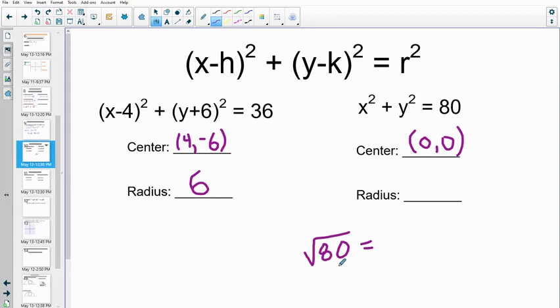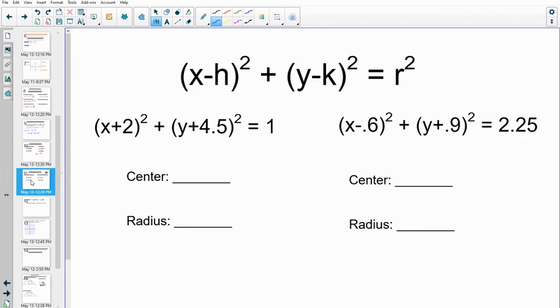I think 16 goes into 80. I'm just going to pull out my calculator here and verify. 80 divided by 16. Yep, 80 divided by 16 is 5. So I've got the square root of 16 times 5, which I can write as the square root of 16 times the square root of 5.